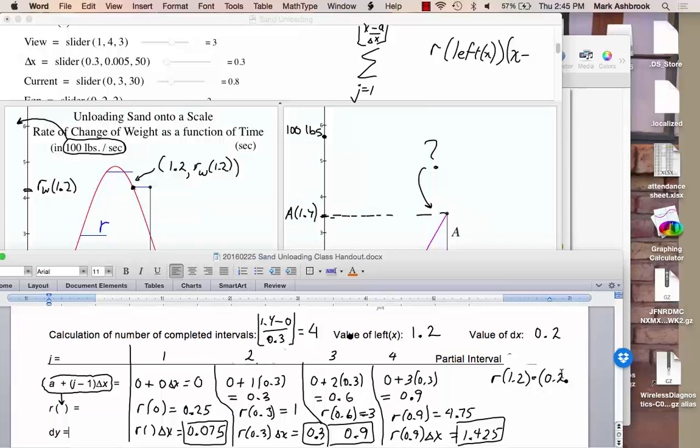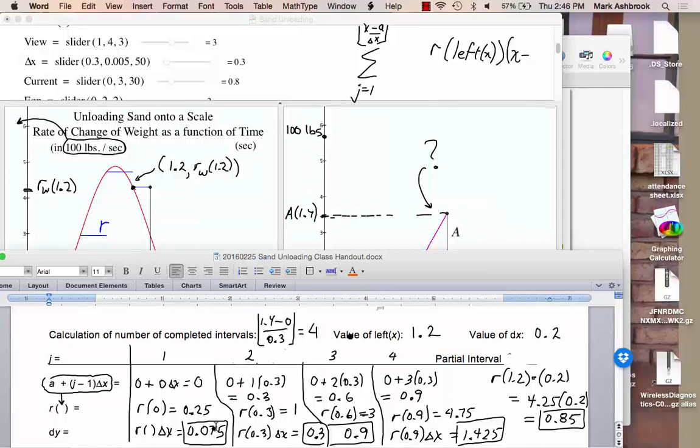What's our estimate for r of 1.2 from the graph? 4.25 times 0.2. Nice and loud. 0.85. Someone else get that? There's our little accumulation from the current interval, calculated by r of left x times x minus left x.